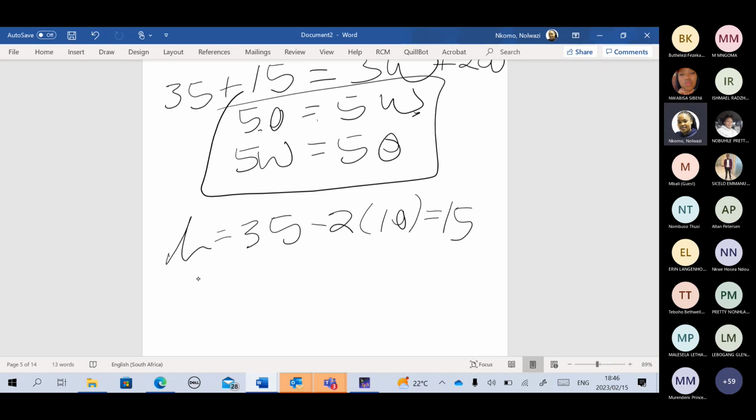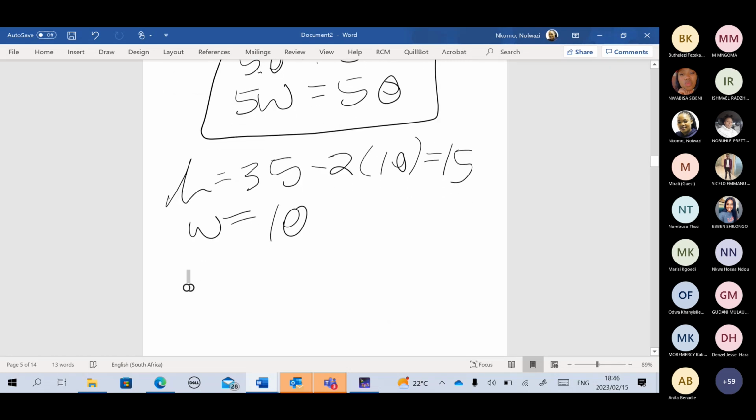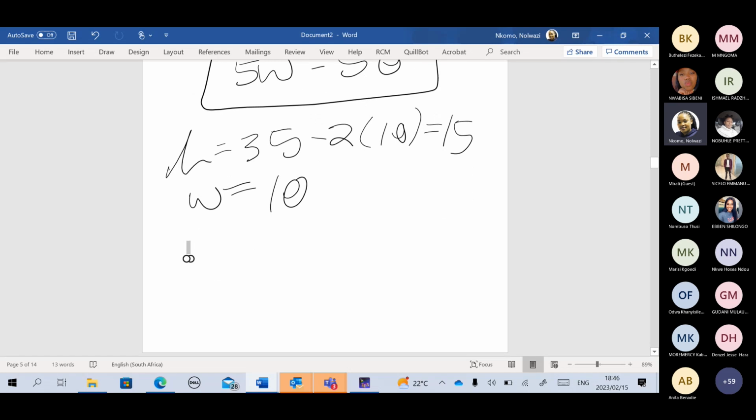So at equilibrium, we have wages of 10 and the number of workers was 15. This means at equilibrium, the company should employ 15 workers at a wage of 10 Rand per hour. You can interpret it that way.